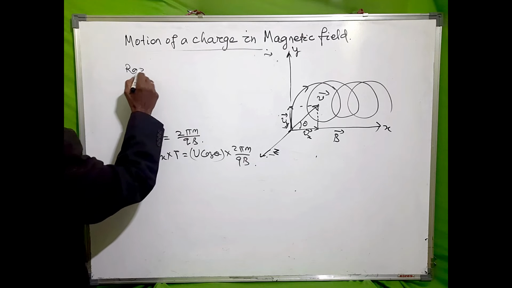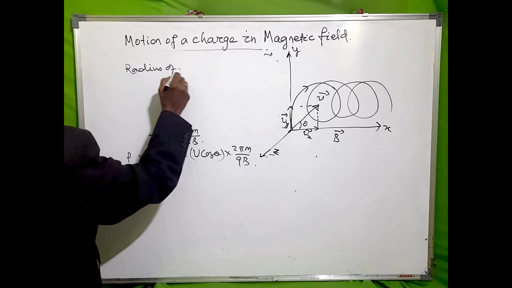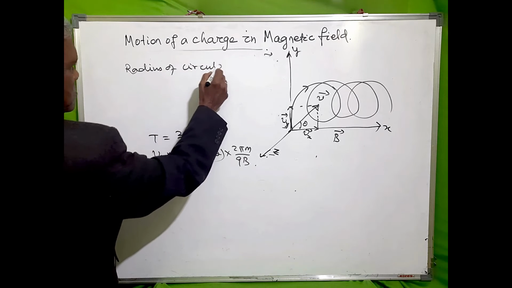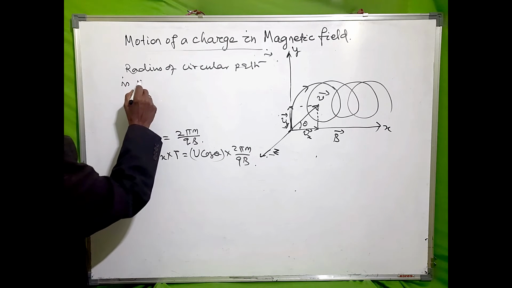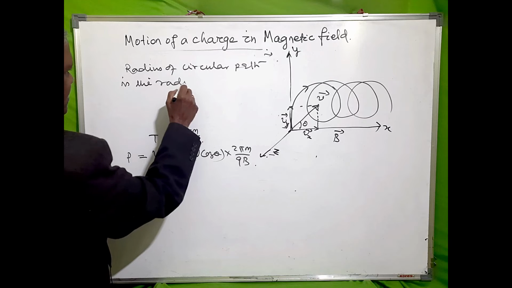Radius of circular path is the radius of helix.